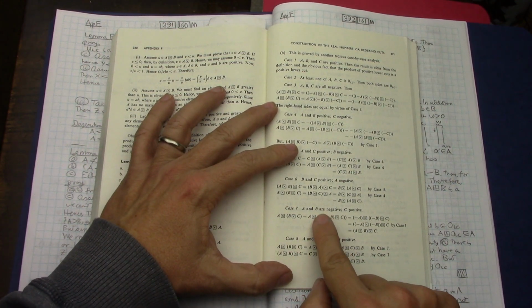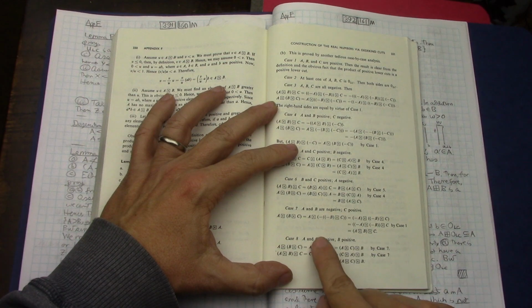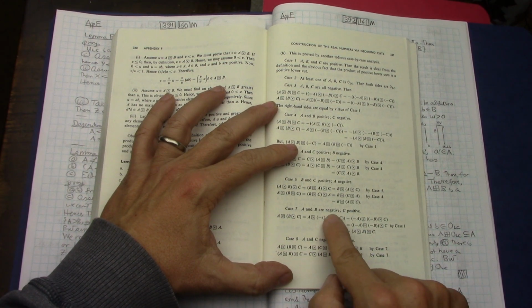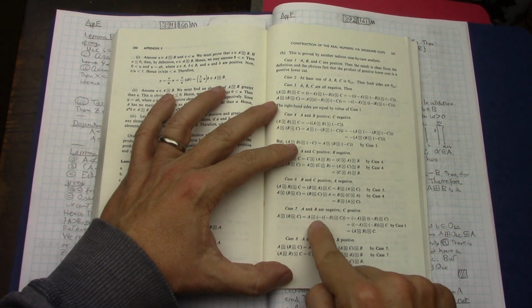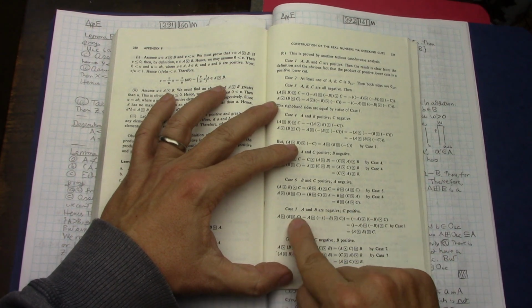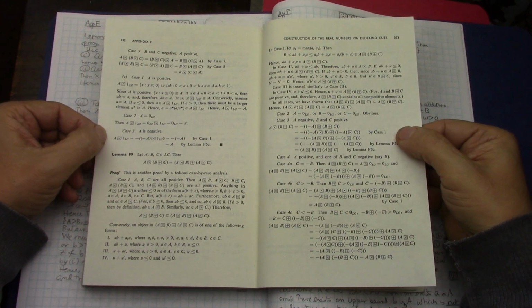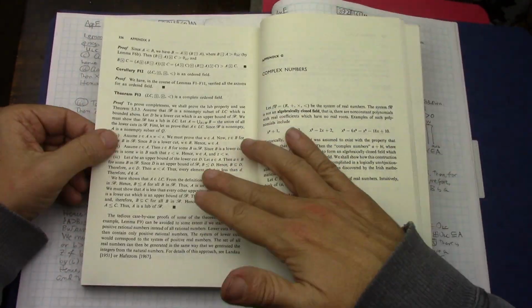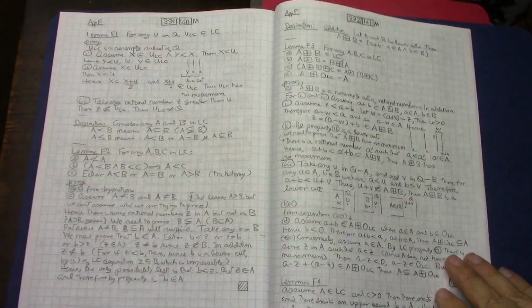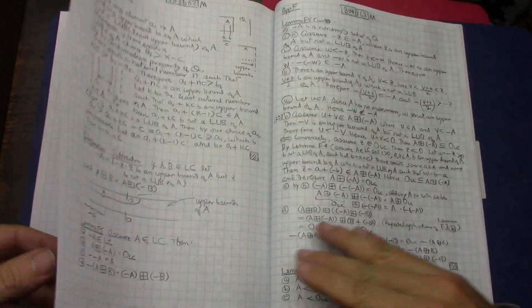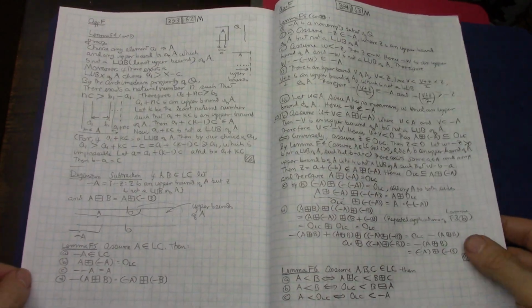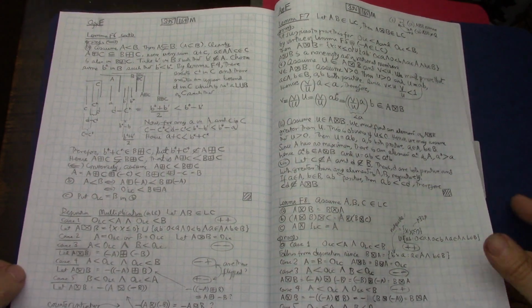For example, in this case, A and B are negative, and so you put in the negative B, but you have to put in an extra negative because you want to match it to a positive. And that's the basic principle that's used for all the proofs.